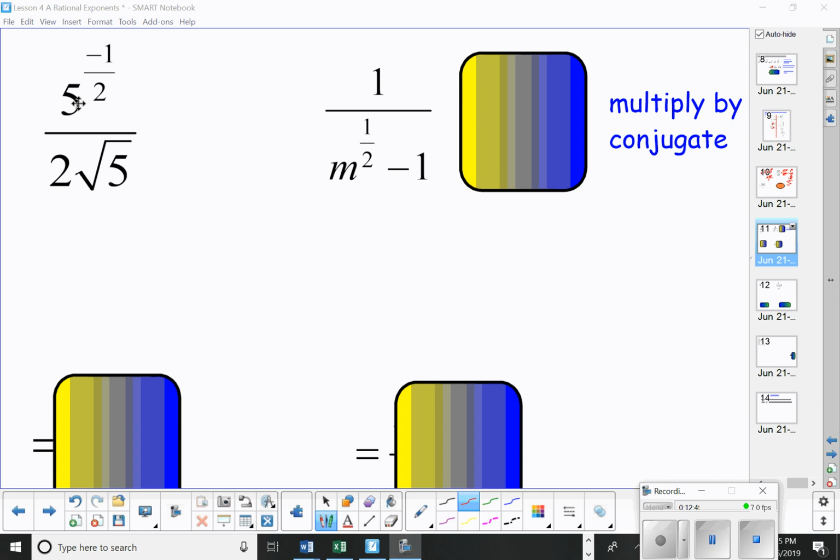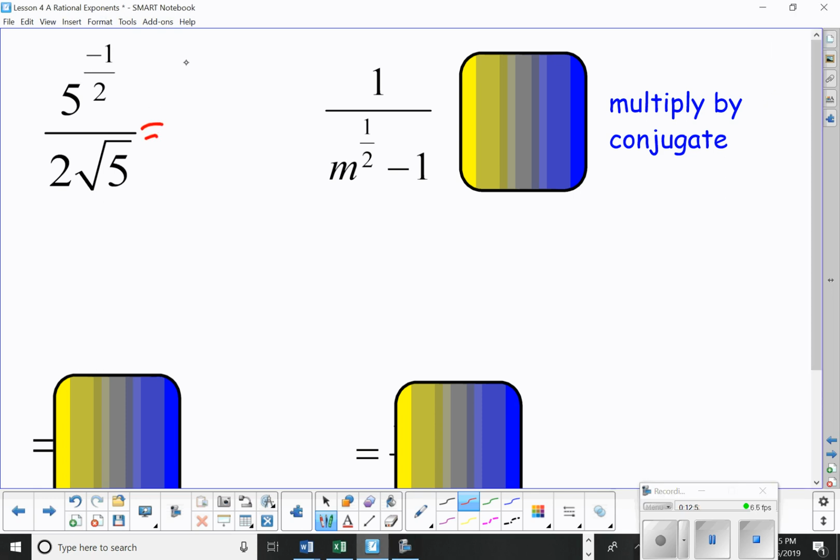This 5 raised to the negative 1/2 tells me that I need to make 1 over, this guy comes to the denominator, 5 to the 1/2. I still have 2 square root of 5. Well, 5 to the 1/2 is what? Oh, it is the square root of 5.